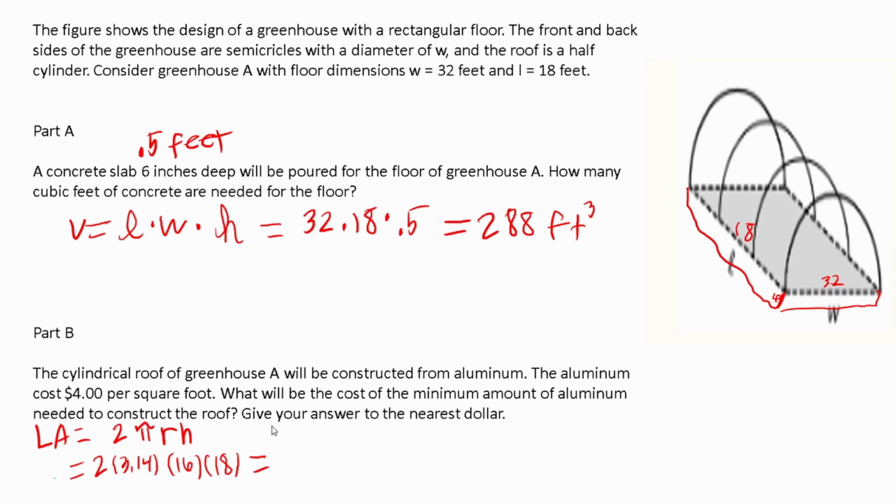So once again, we write 1808.64, but we want to divide this by 2 because we're only dealing with half of the cylinder. We only want half of that lateral area, which is 904.32.